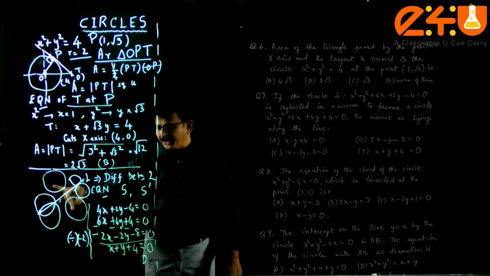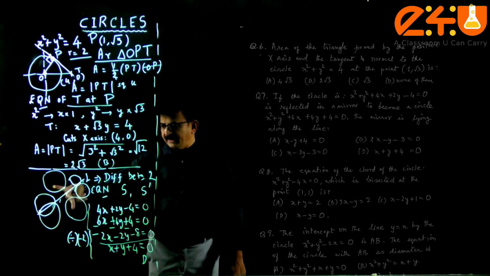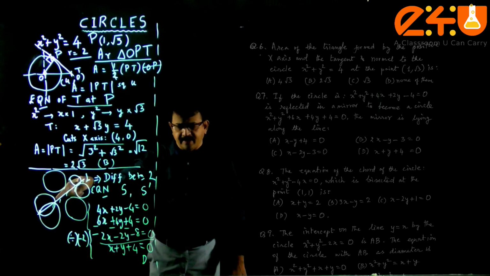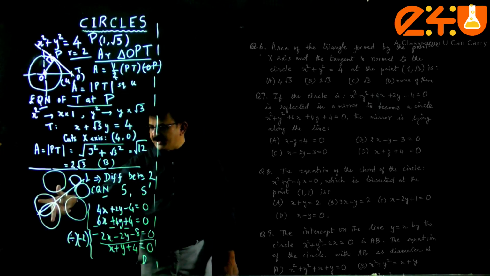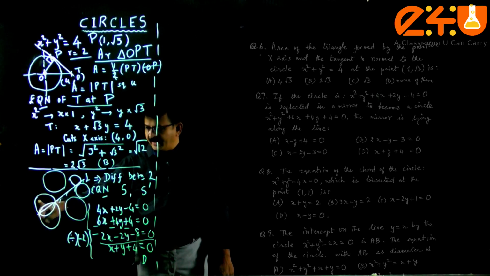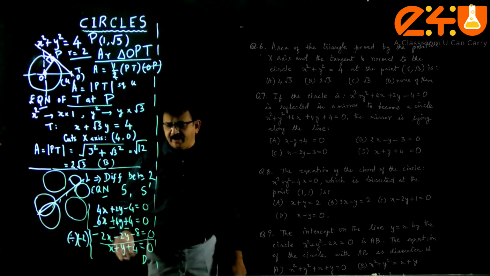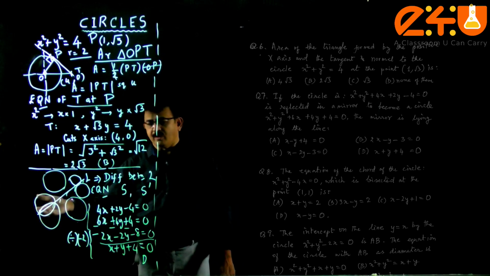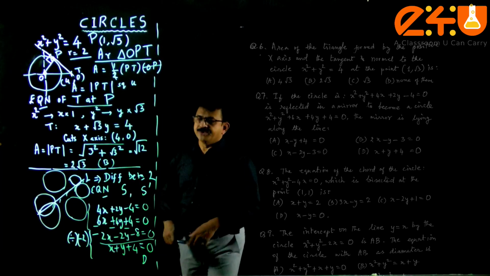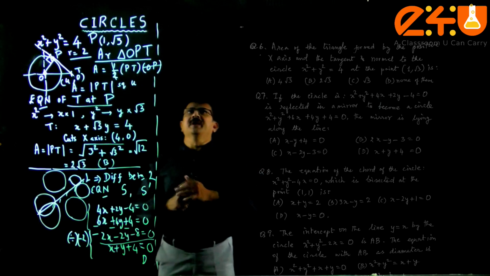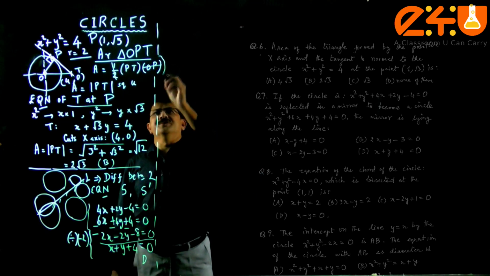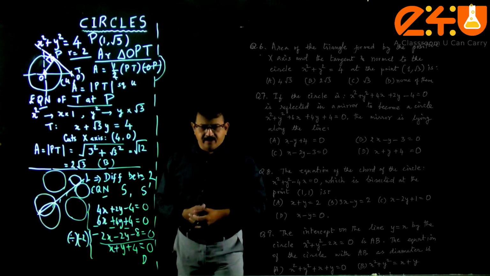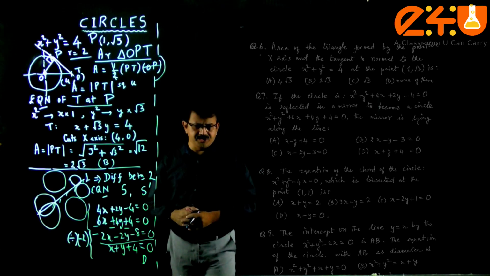If the circles are totally aloof, separated like this, and you subtract, you end up with the radical axis. In case the circles are intersecting, then by subtraction you get the equation of a straight line that becomes the common chord. So in any case the subtraction is very useful. It serves as your shortcut to give you the required answer. Fine, so we'll move on to the next question.